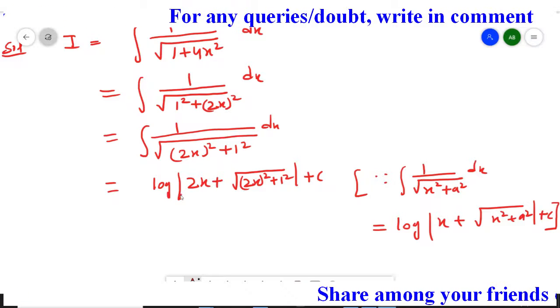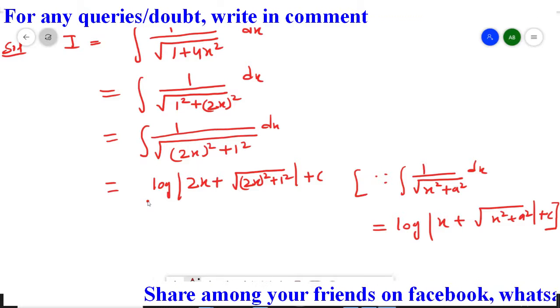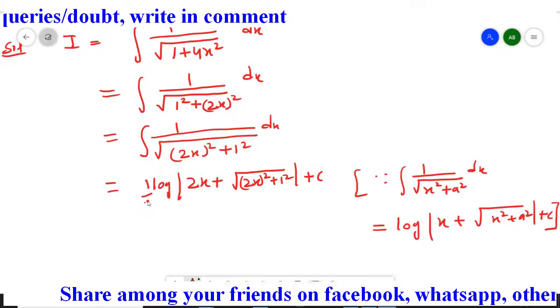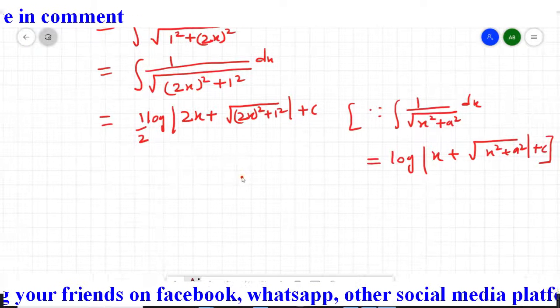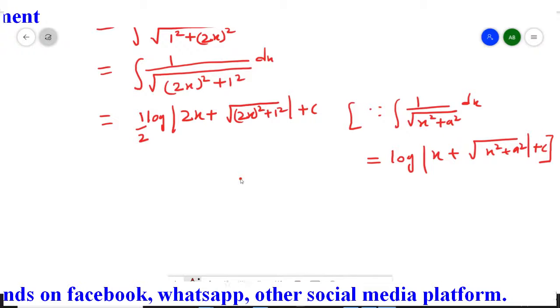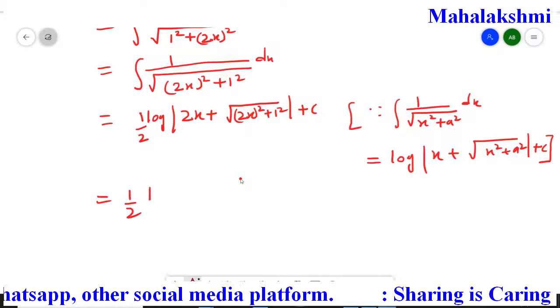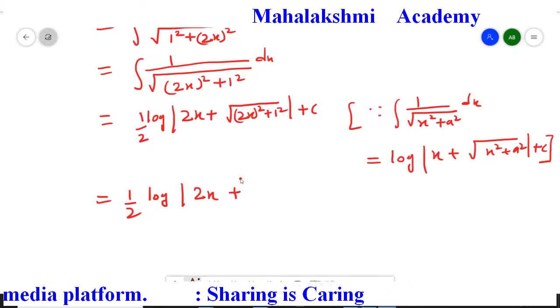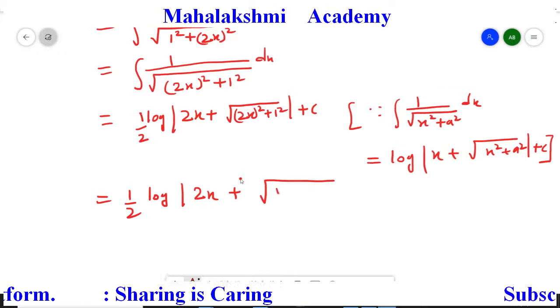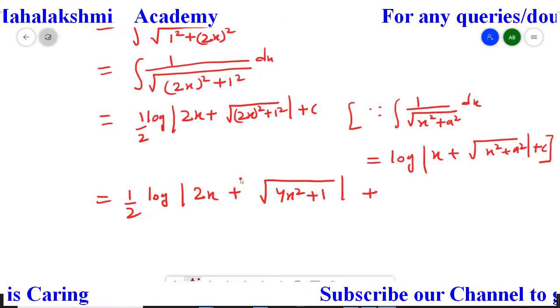Since it's integration, we are going to divide by 2, so in front it will come as 1 upon 2. Simplifying in the next step, it's going to be 1 upon 2 log mod 2x plus square root of 4x square plus 1, mod, plus c.